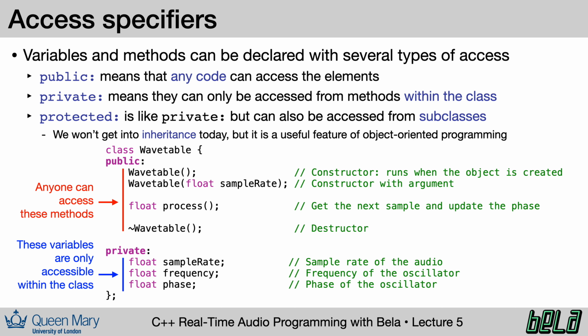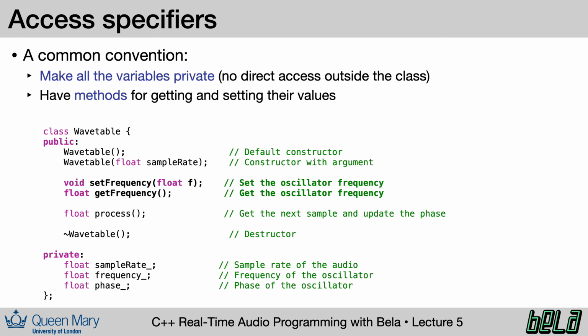There is also a third keyword called protected, which works like private except that subclasses which inherit from this class can also access those elements. We won't talk about class inheritance today, but the broader point here is that it can be good coding practice to shield the internal implementation of your object from the outside world and only expose those methods or variables that you know that outside callers will need to use.